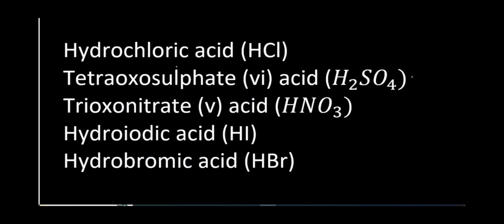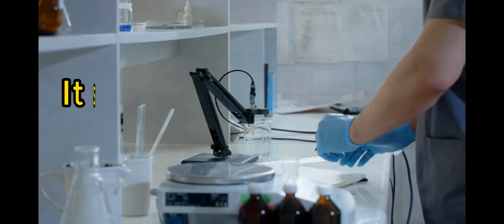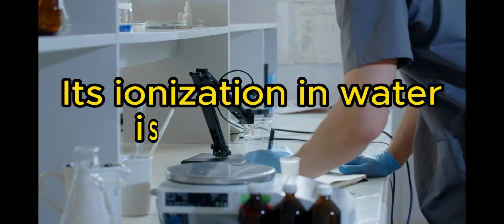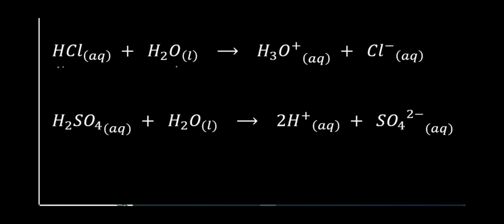tetraoxosulfate(VI) acid H2SO4, trioxonitrate(V) acid HNO3, hydroiodic acid HI, hydrobromic acid HBr. Its ionization in water is given thus: hydrogen chloride with water ionizes to become hydronium ion and chloride ion.